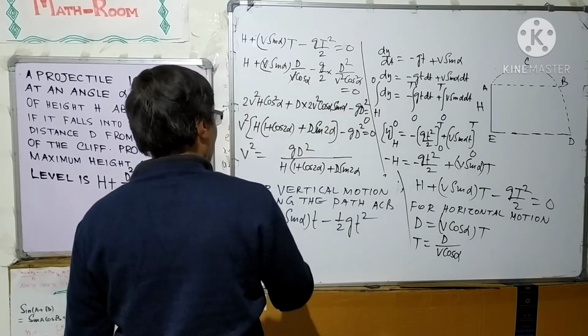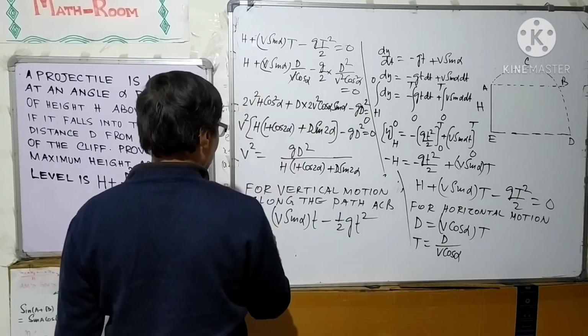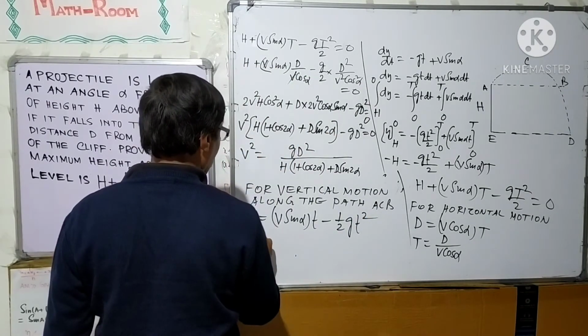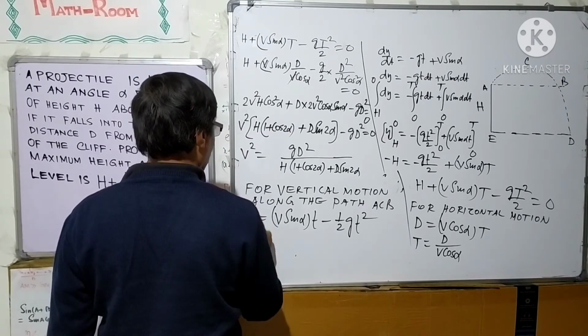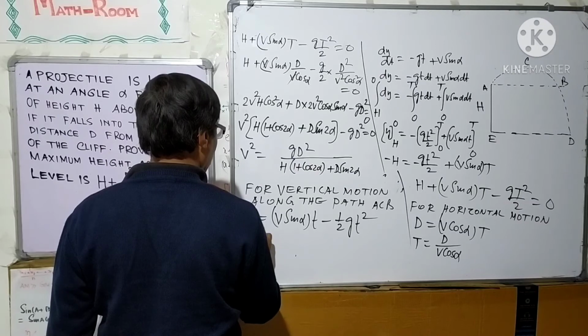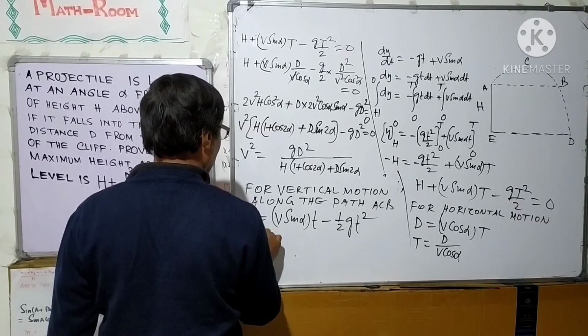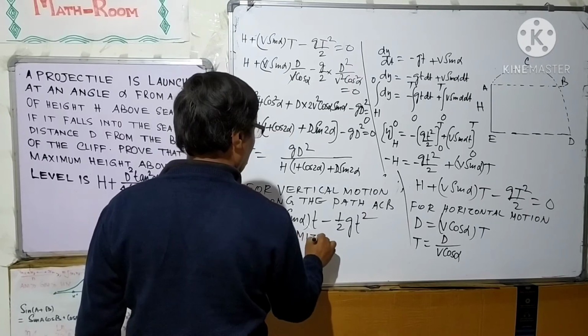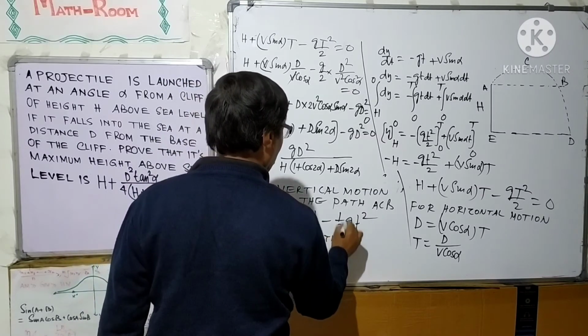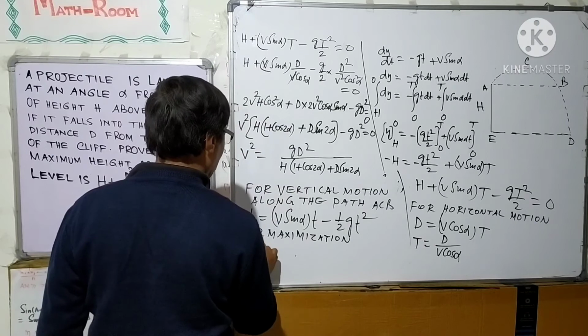So, we have to maximize this. To maximize this, we take the differentiation of h with respect to t, that is, for maximization dh/dt equal to 0.